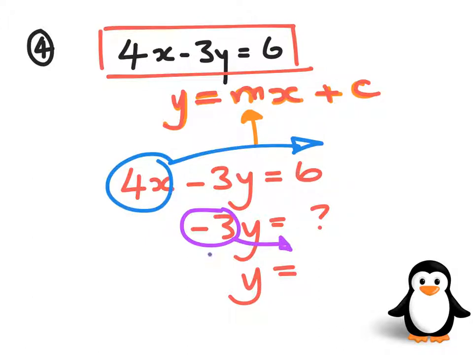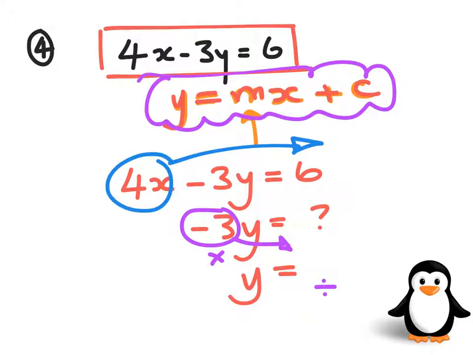And as it's times in here, when it moves over, it's going to be divide. Once you've done all that and you've got something which looks like y equals mx plus c, then you just need to pick out the number before the x for the gradient. So don't forget, that the gradient is your final answer.